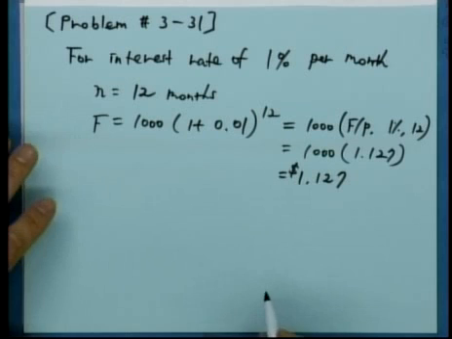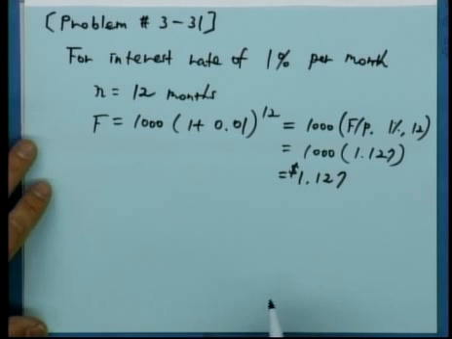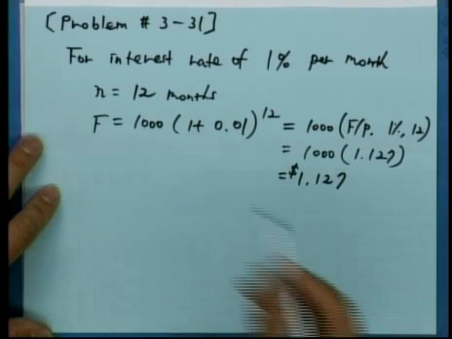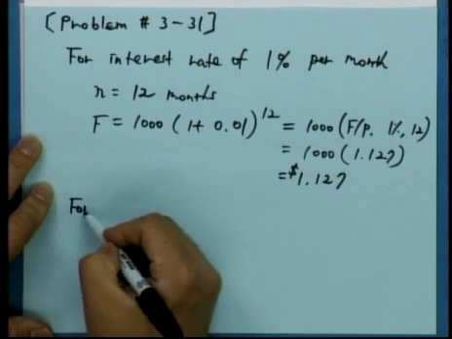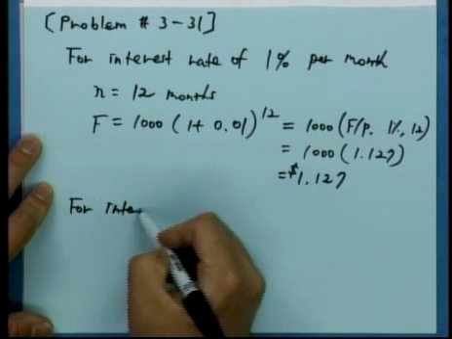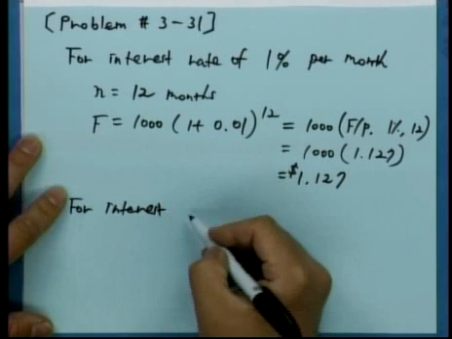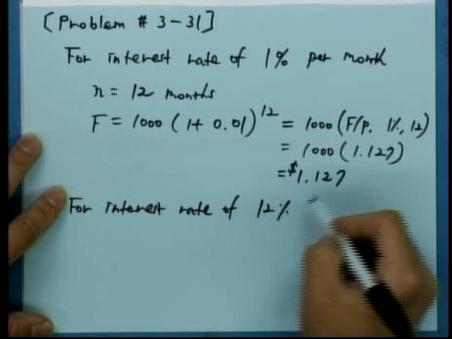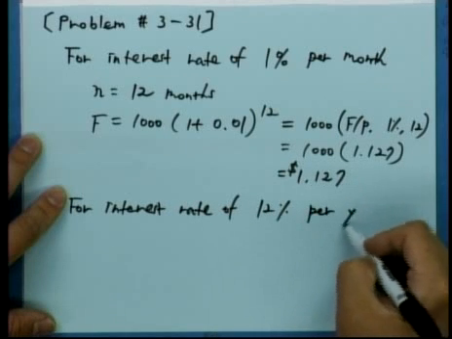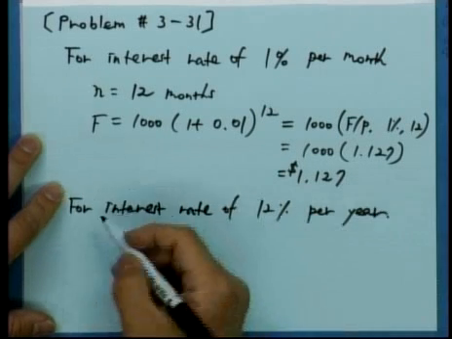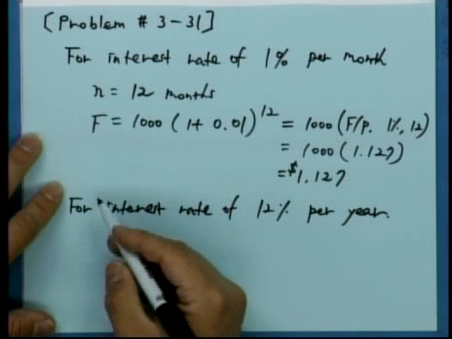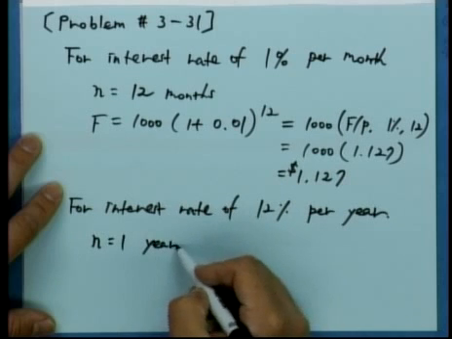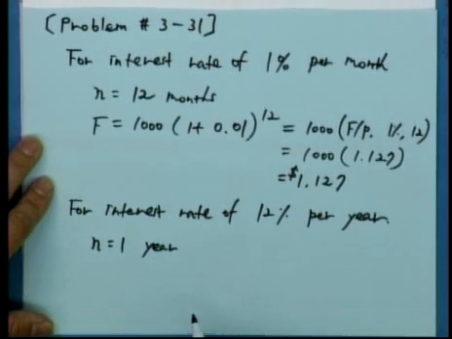And for an interest rate of 12% per year, we are going to use n equals 1 year, right?